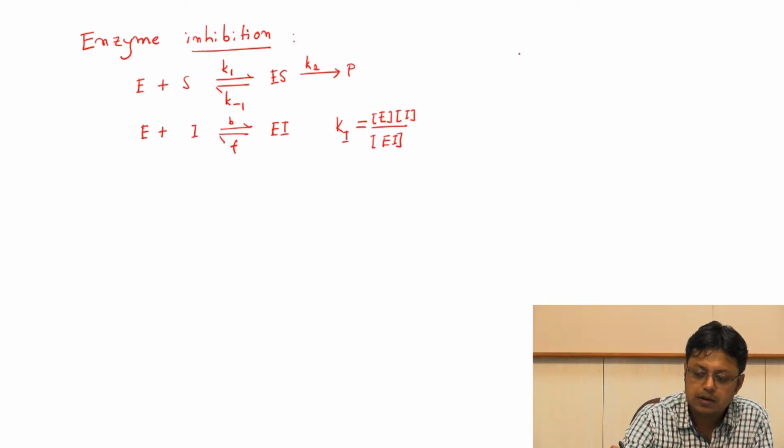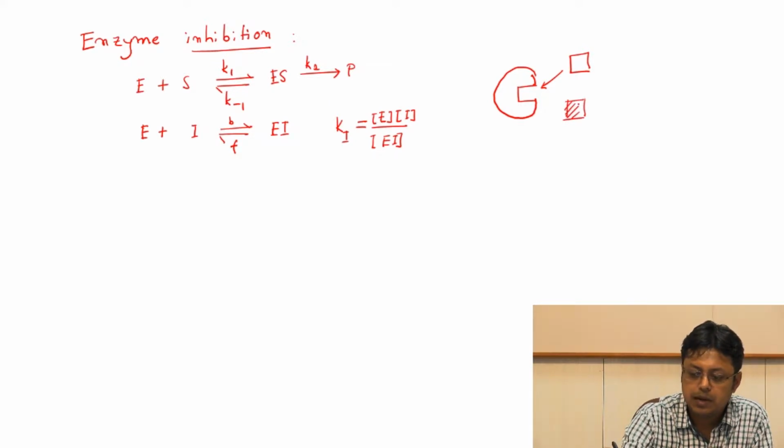Now you see one interesting thing here. What I'm saying right now is that the enzyme has a particular pocket, and a substrate can bind to it, but not only the substrate, an inhibitor which has the same size and shape can also bind to it. If the substrate binds, then I'll have the enzyme substrate complex, and if the inhibitor binds, then I'll have the enzyme inhibitor complex, which will look like this.